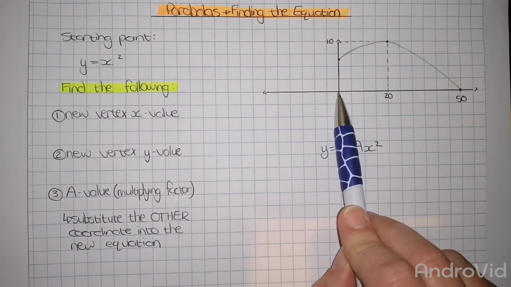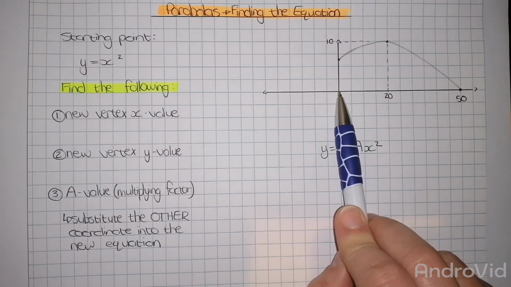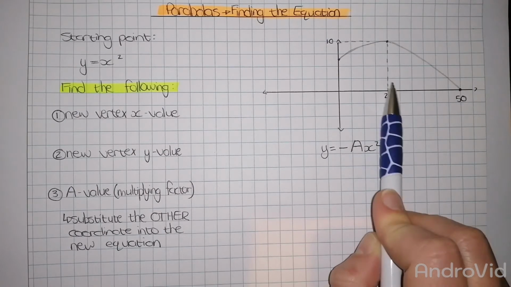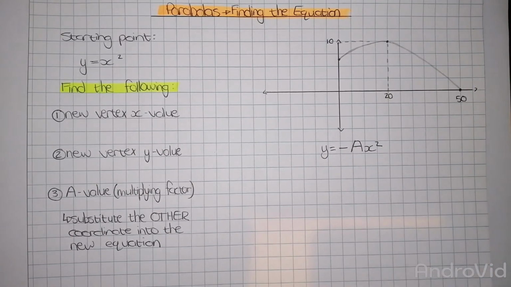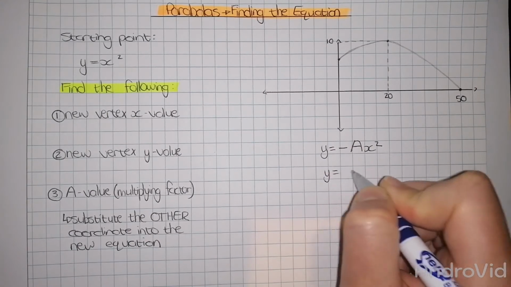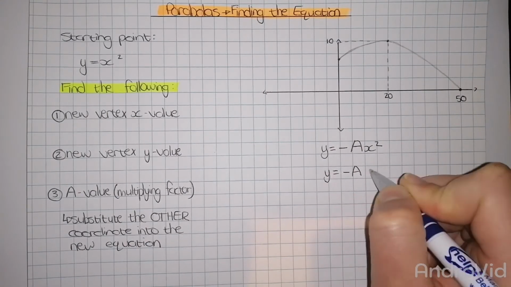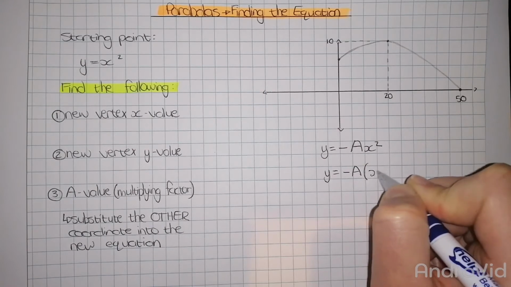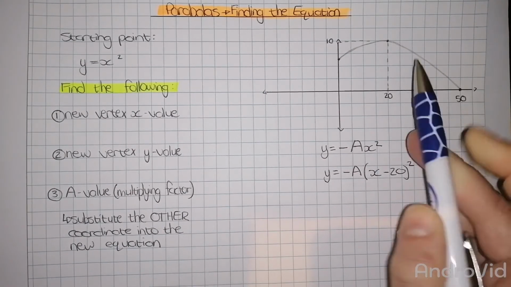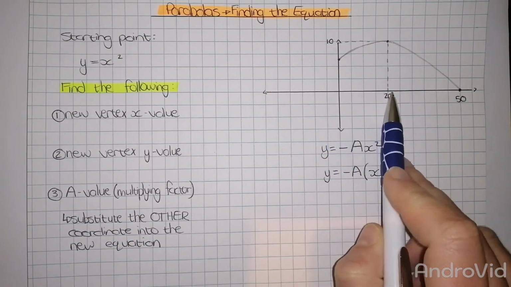In this case, my x value has gone to the right, to the positive side. Therefore, my x value will be negative 20. So I'm going to have y equals negative a, bracket, x minus 20, due to the fact that my vertex has moved on the horizontal line.